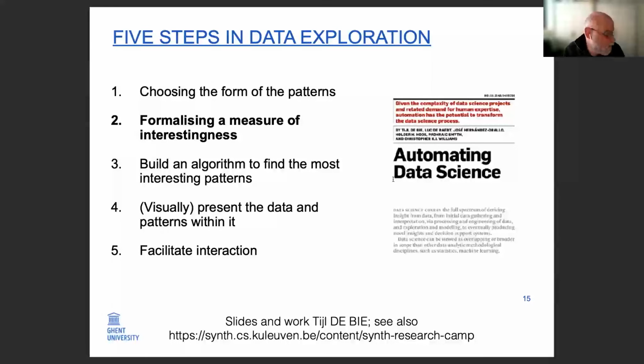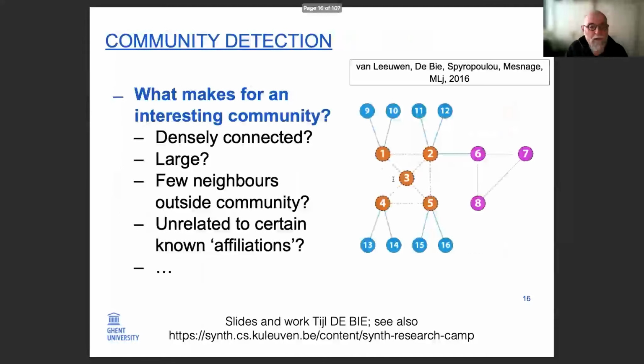You notice that when you work sometimes with biologists, they will say, well, I will know when you found something interesting when I see it, but you typically want some kind of hard criterion to be able to build an algorithm that will find these most interesting patterns. And you then want maybe to visualize it, to facilitate interaction, and maybe to reiterate.